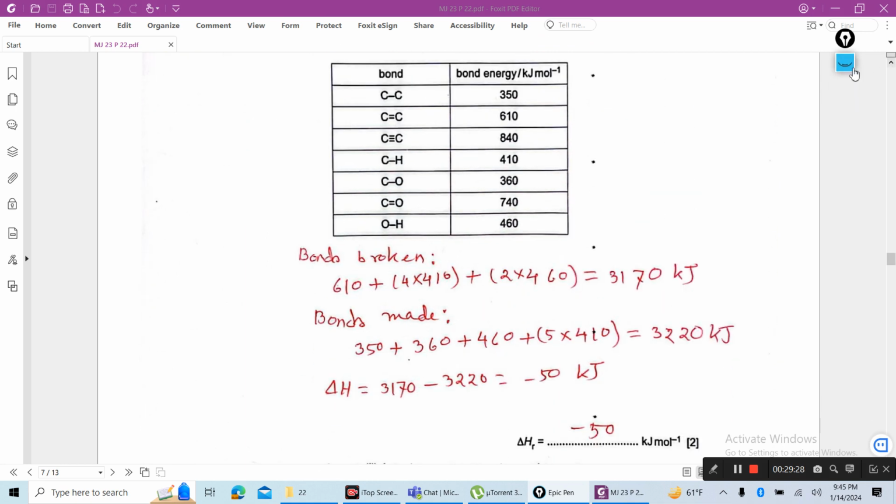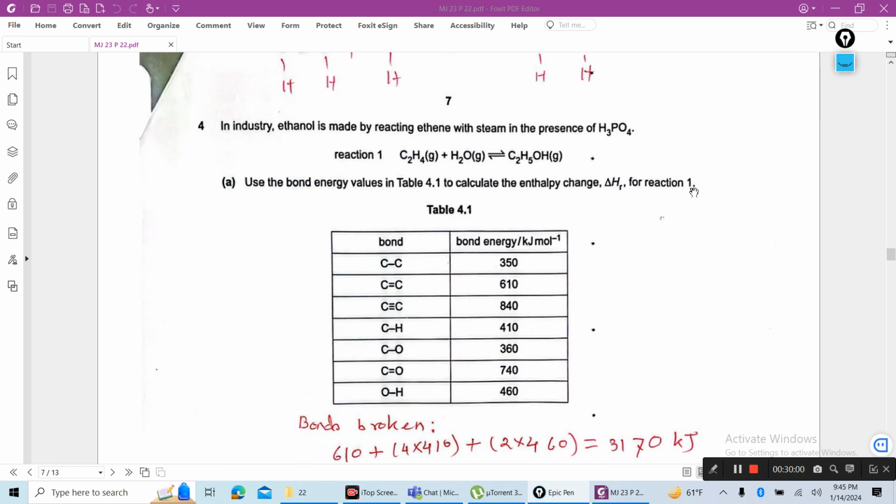So you will count bonds broken. 610, 1 carbon double bond in ethene, and 410, there are 4 CH bonds, 460, 2 OH bonds.